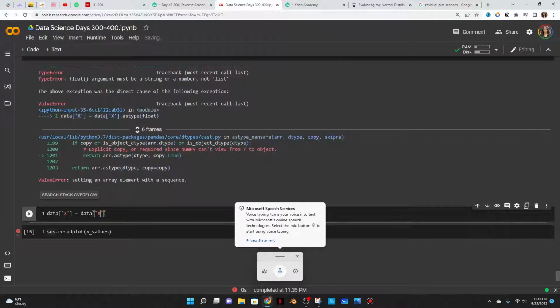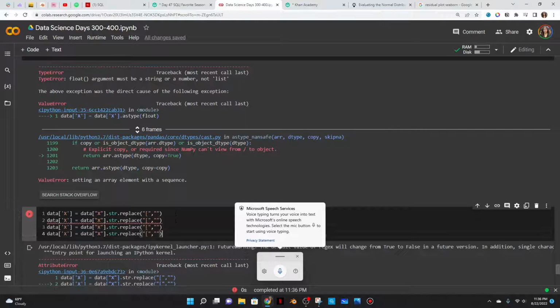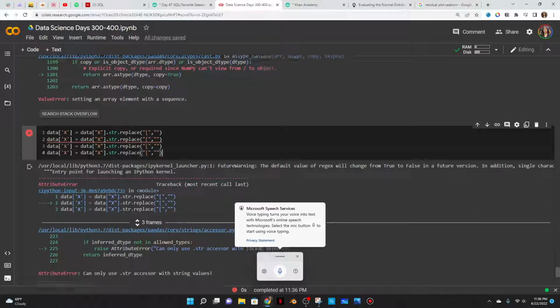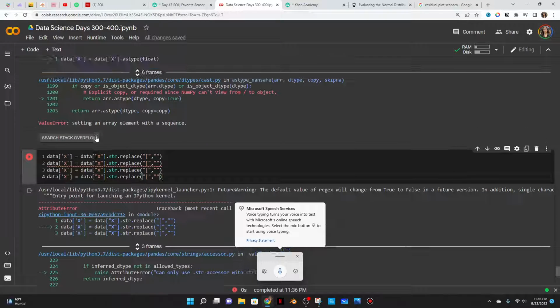Nope, that's not what I meant. x dot str dot replace the brackets with nothing. And then do that same thing for the other one.